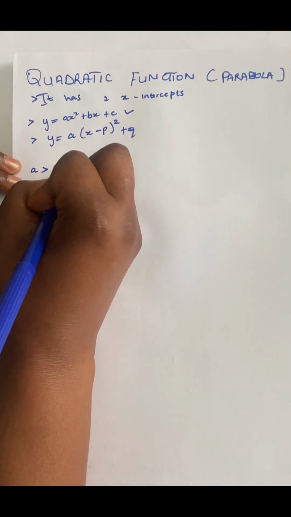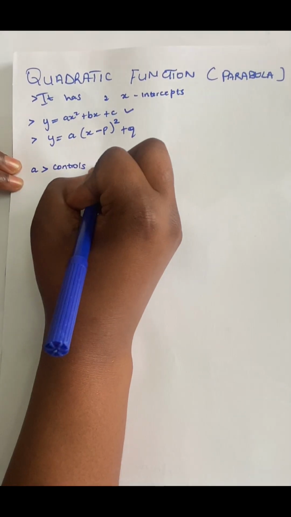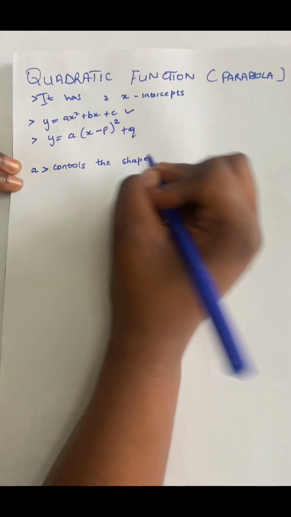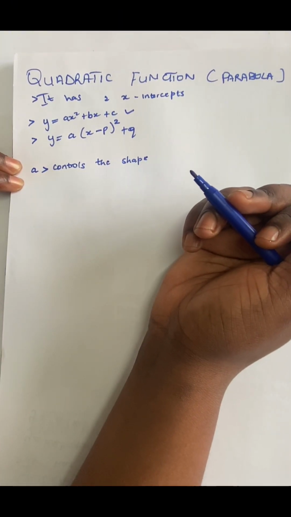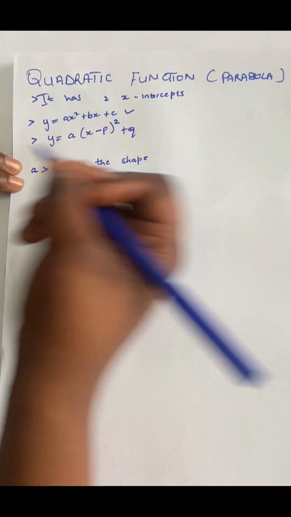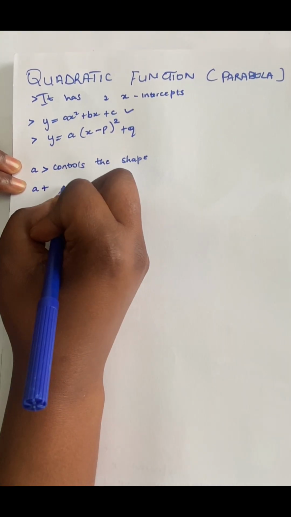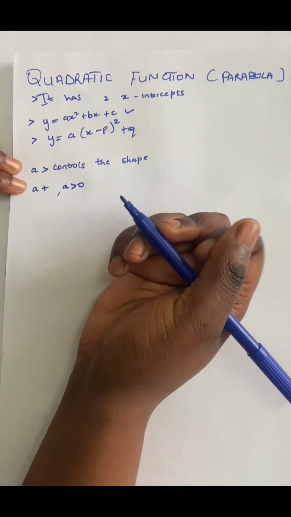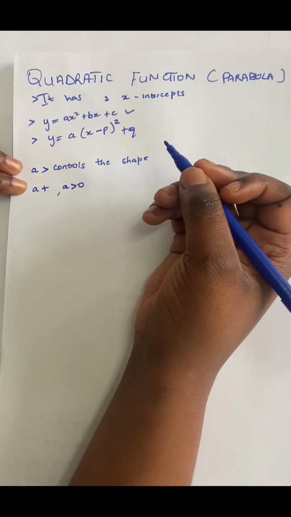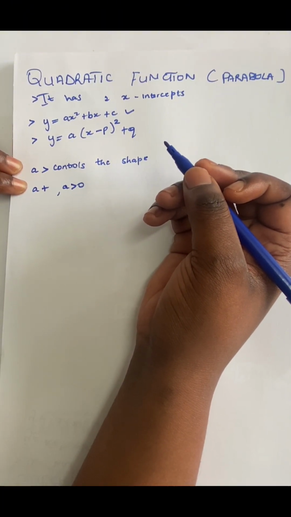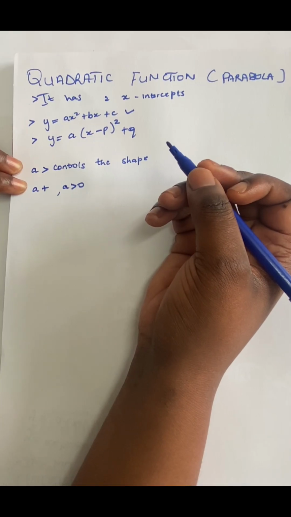So in this one, you have your a, which controls the shape of a quadratic function. How? If your a is positive, or your a is greater than 0, it means that your graph will open upwards or will form a smiling emoji.